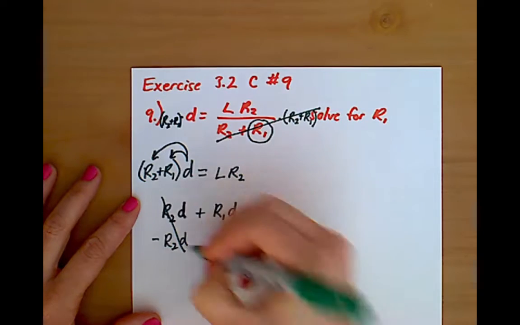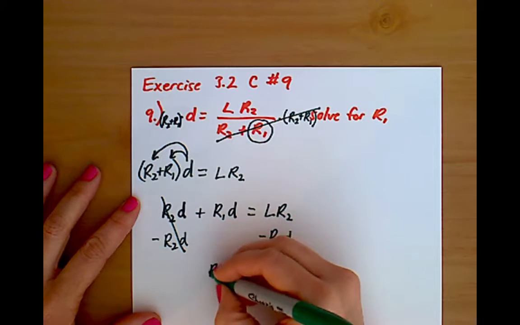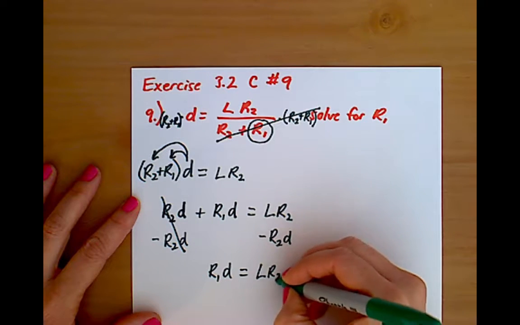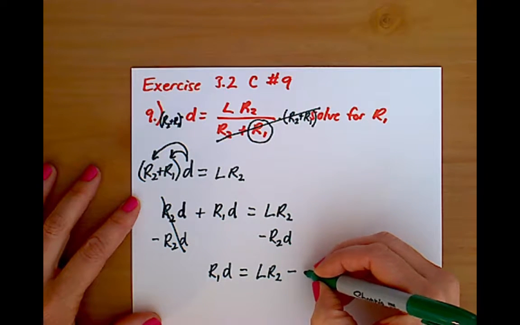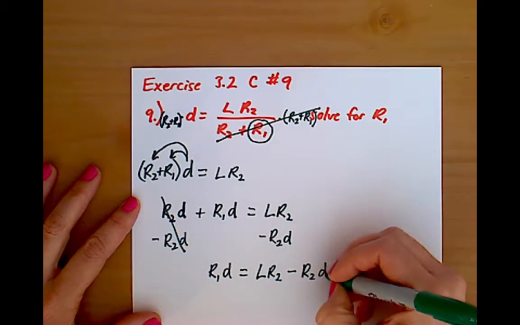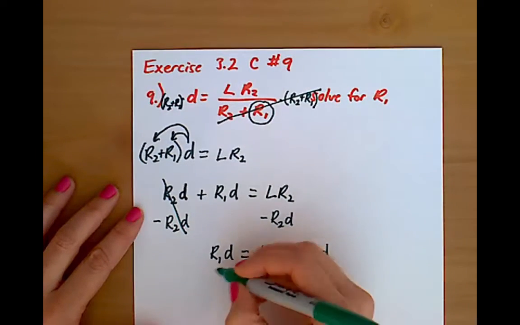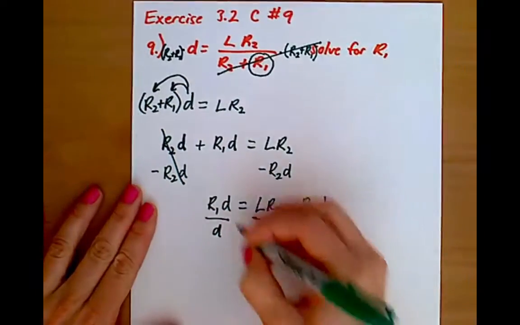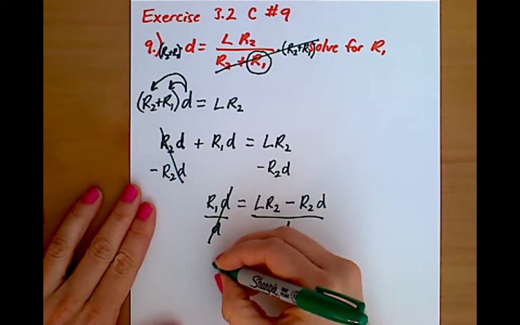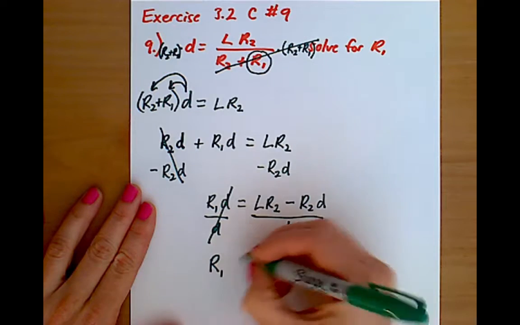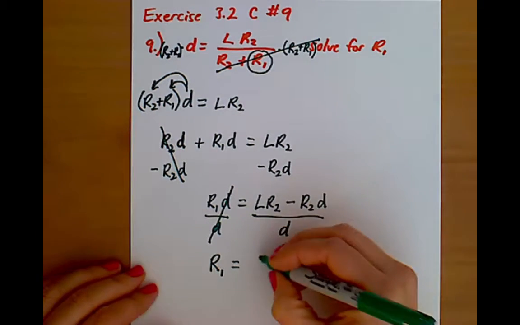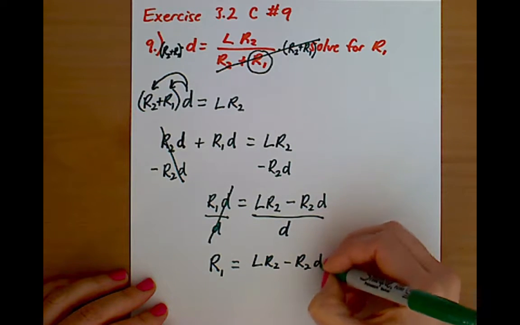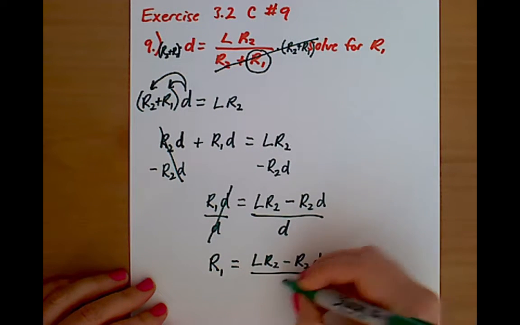And these two add to 0, and we're left with R1 times D. And over here we have LR2 minus R2 times D. And then we're going to divide both sides by D. And these two divide to 1, so we're left with 1 R1, which is just R1, okay? And then over here we have LR2 minus R2D over D.